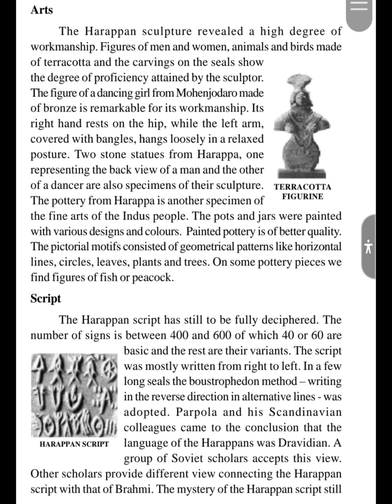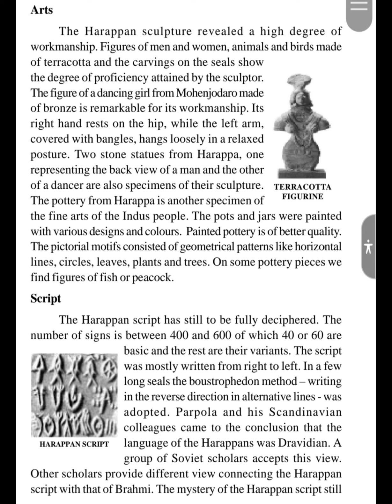Art. The Harappan sculptures reveal a high degree of workmanship. Figures of men and women, animals and birds made of terracotta, and carvings on the seals show the degree of proficiency attained.